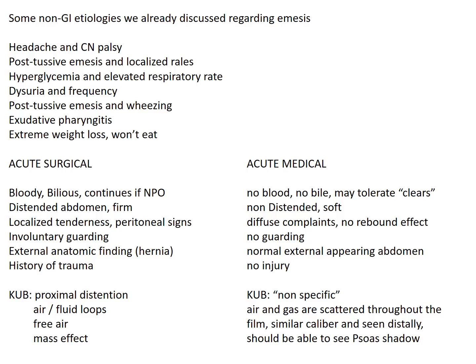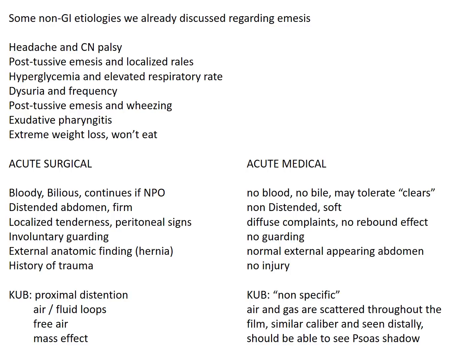So there's a lot of etiologies for vomiting. Remember, in an individual who's vomiting, always think about non-GI tract etiologies. So if someone is found to have a headache and cranial nerve palsy, hopefully you would be thinking intracranial pressure. If somebody is vomiting after coughing and you hear rales in their lungs, hopefully you're thinking pneumonia. If someone is hyperglycemic and breathing fast, maybe you're thinking DKA.